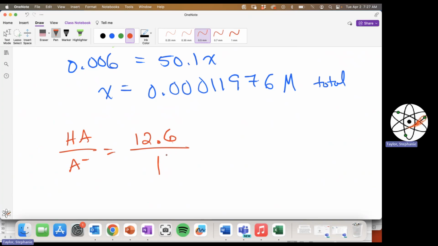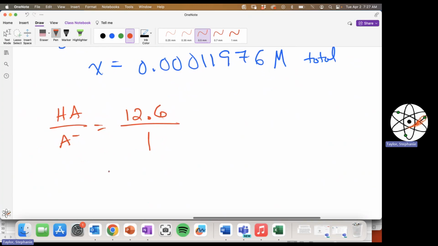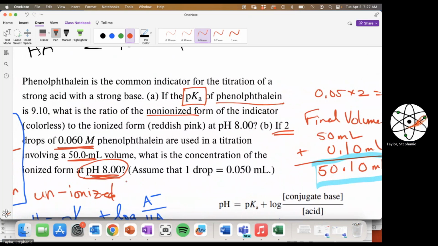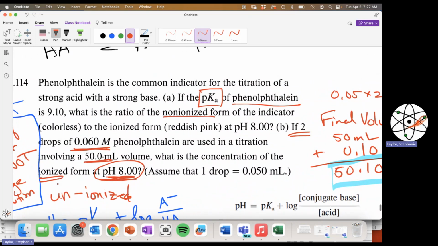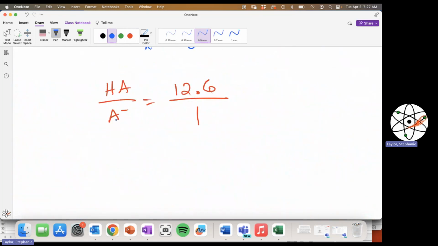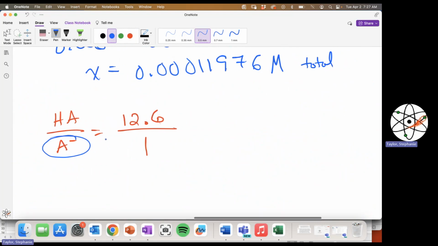So what I can do is keep on using my ratios. What did the question want? I still want the ratio? The concentration of the ionized form at a pH of 8. So I need the concentration of the ionized form.